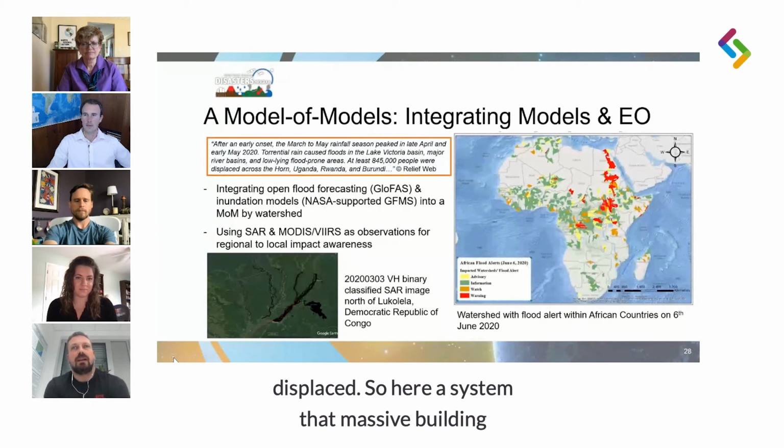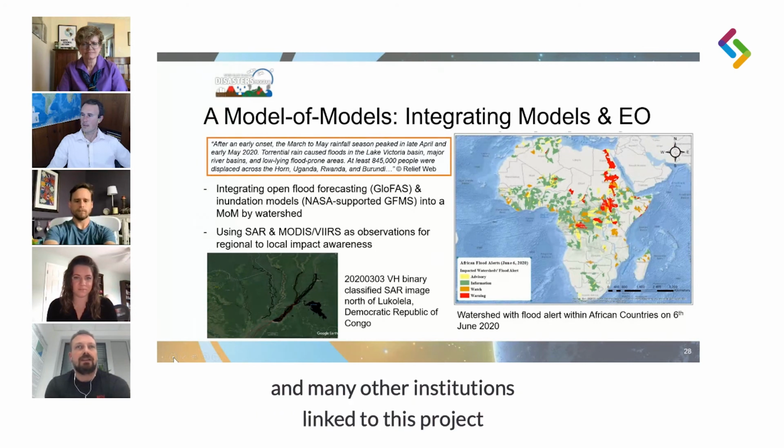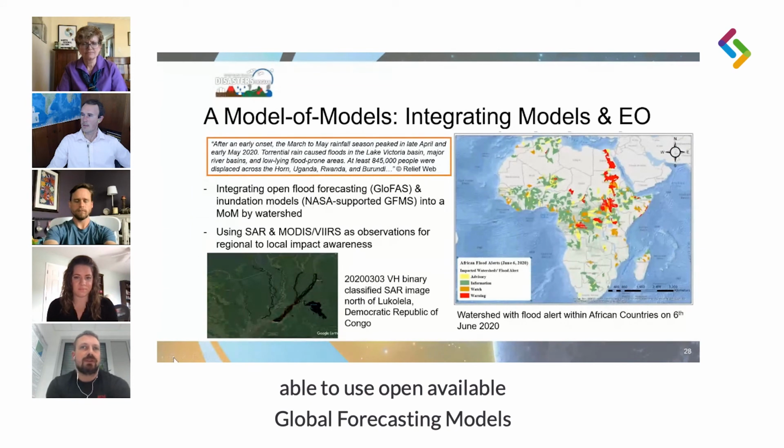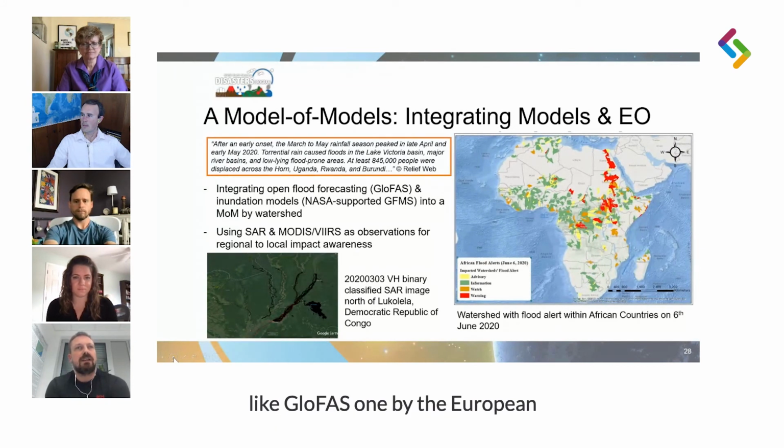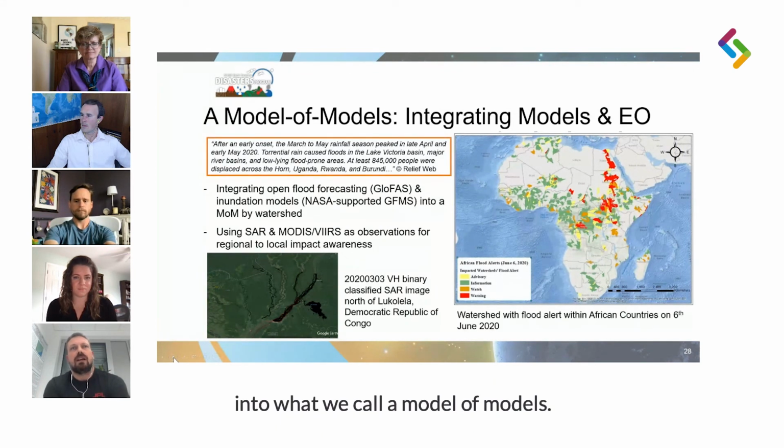So here, a system that NASA is building with the Pacific Disaster Center and many other institutions linked to this project, able to use openly available global forecasting models like GloFAS, run by the European Centre for Medium-Range Weather Forecasts, and the NASA-supported Global Flood Monitoring System into what we call a model of models.